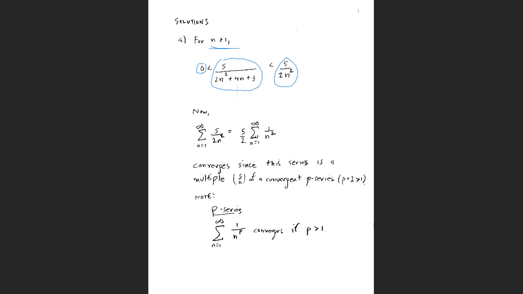Remember the comparison test. There was a sequence AN and a sequence BN. This would be my AN, and this would be my BN. Let me flash back to the comparison test in your book.